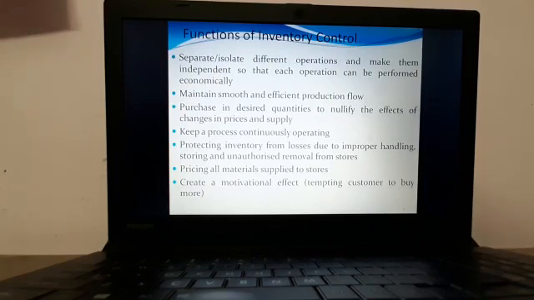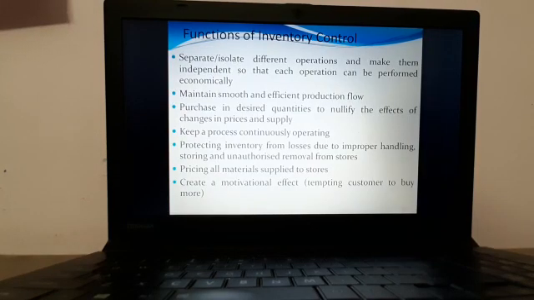And apart from all this, we have another important major function that creates a motivational effect. That means a customer who is going to buy a material will have wider choices and wider options that he can choose from.